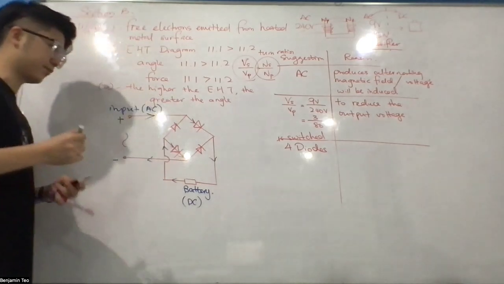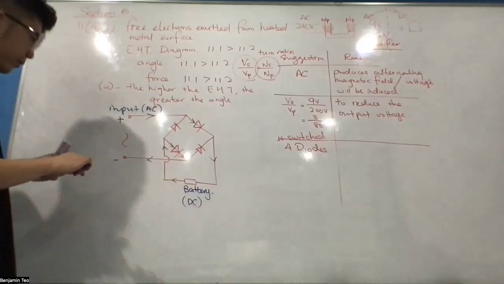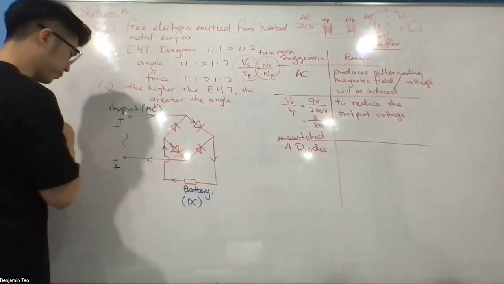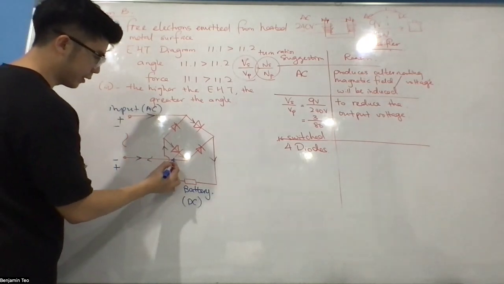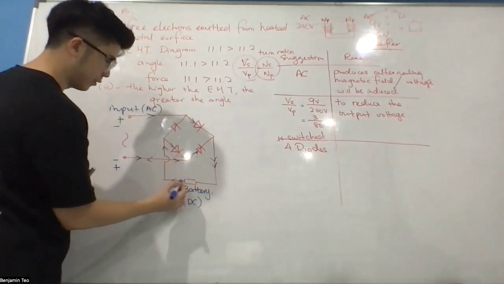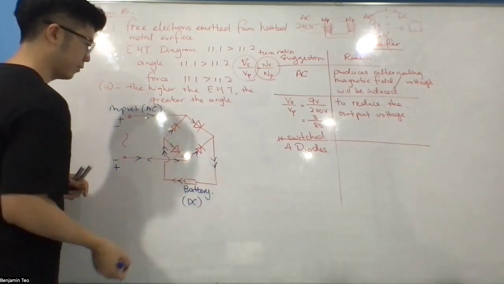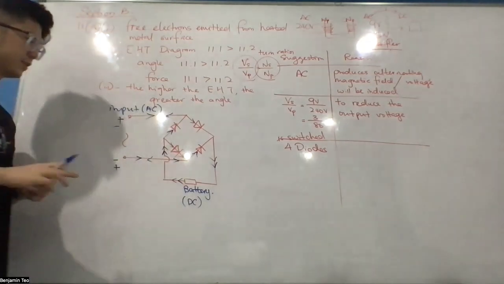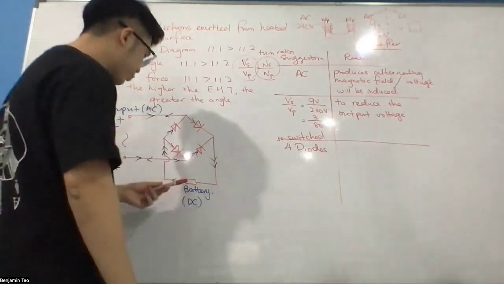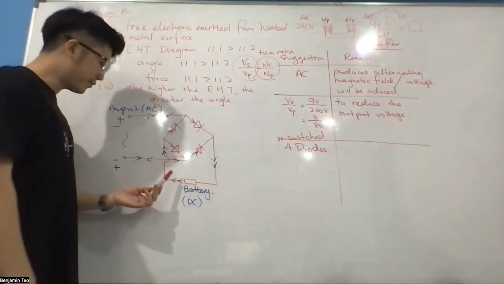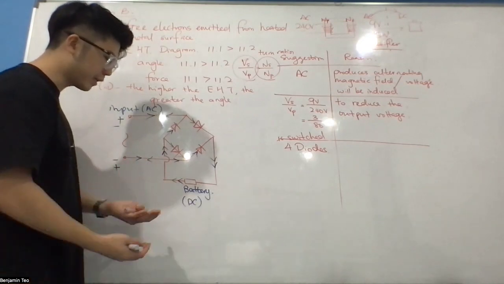Exit. This is the first terminal. And then when the terminal changes, the main current goes backwards. So you can see the current through the battery before and after the change in direction is still in the same direction.